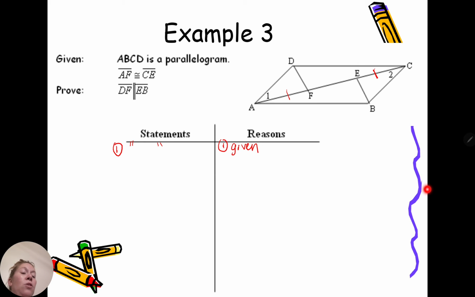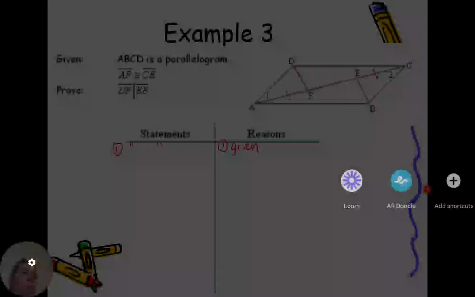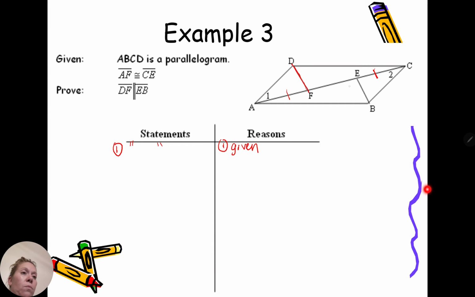All right, so let's think about this. If I want these lines to be parallel, I need some angle relationships. This is my transversal, right? These are my parallel lines that I'm trying to prove.